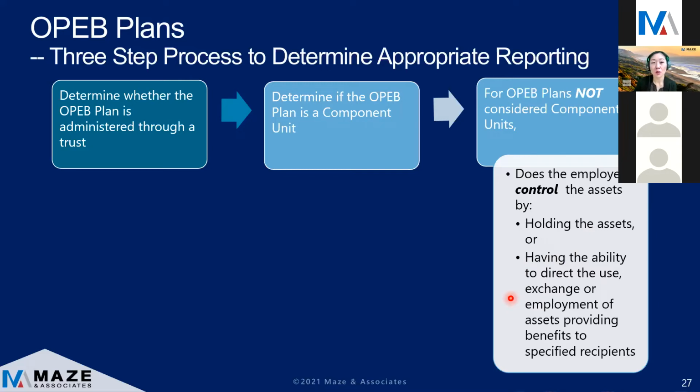In everyday life, when we talk about an OPEB plan or pension plan, we think as long as we have a benefit package, we have a plan. But under this determination, the plan has to be a trust. If you don't have a trust established, then you don't have a plan in this situation.